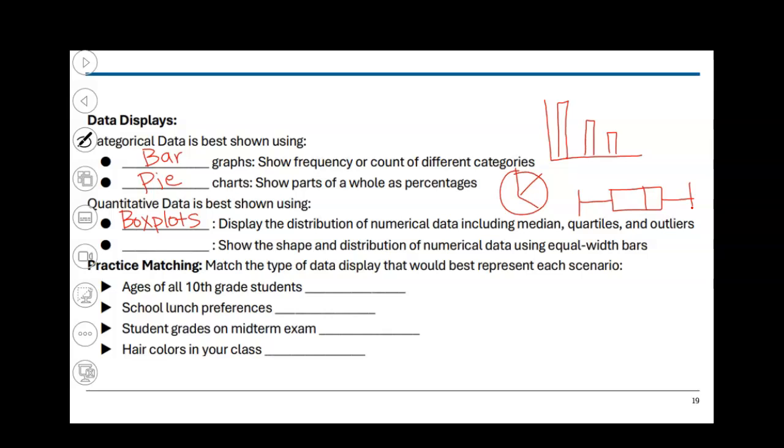Alright, we have our sketch. Okay, then the last one. This shows the shape and distribution of numerical data using equal width bars. This is very important because of that word distribution. Box plots also shows distribution. What page is that definition on in our notebook, distribution? We wrote it. Check.